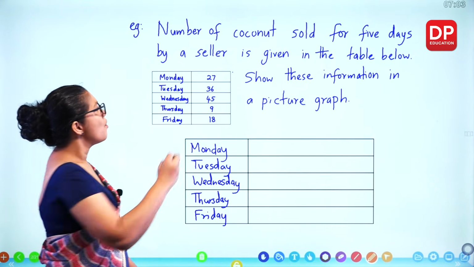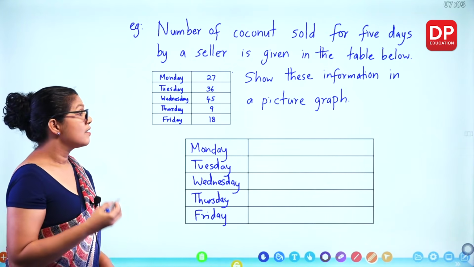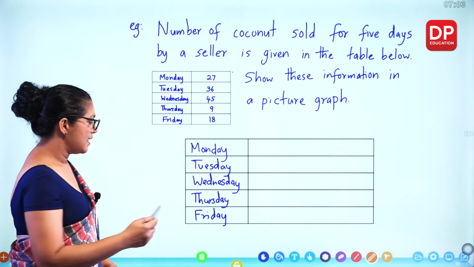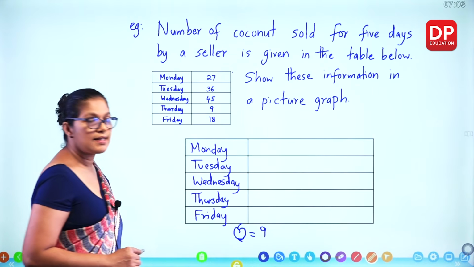Okay, now we can't just draw 27 coconuts here. It's difficult. So we can take a scale. So I can take any picture. So I'll take a coconut like this. And here, look at carefully, these all divisible by 9. So I can take one coconut represent 9.